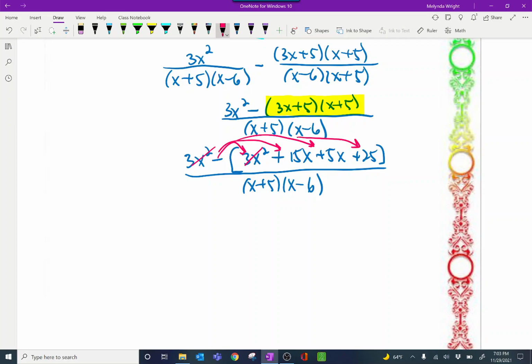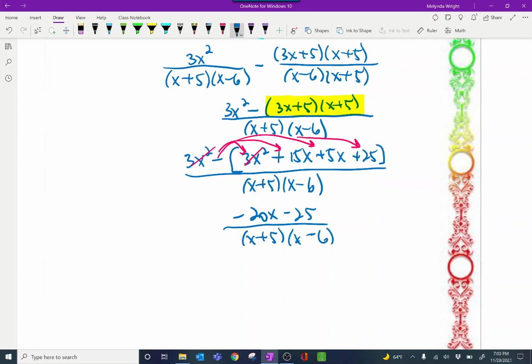Now we can do that after we combine like terms, or we can do it right now. It doesn't really matter. We should get the same answer no matter which way we do it. So I've got a negative 15x minus 5x. That gives me a negative 20x and minus 25. Okay, over x plus 5, x minus 6.